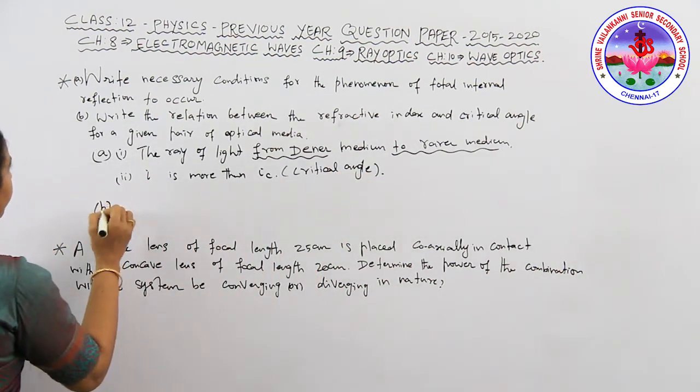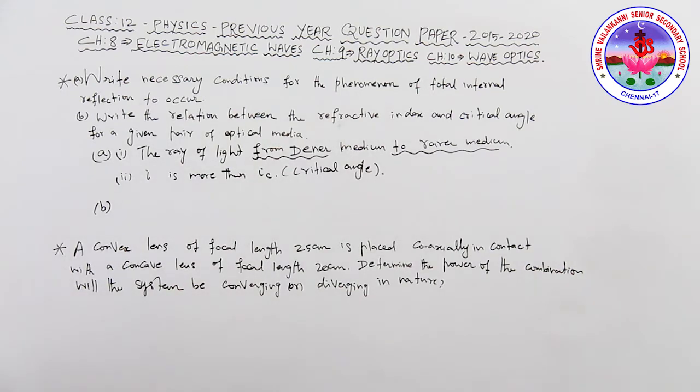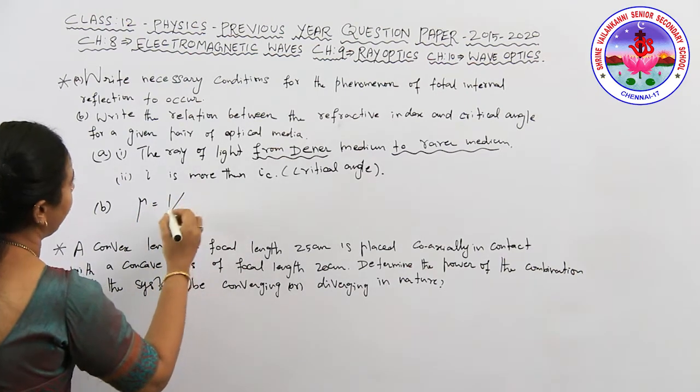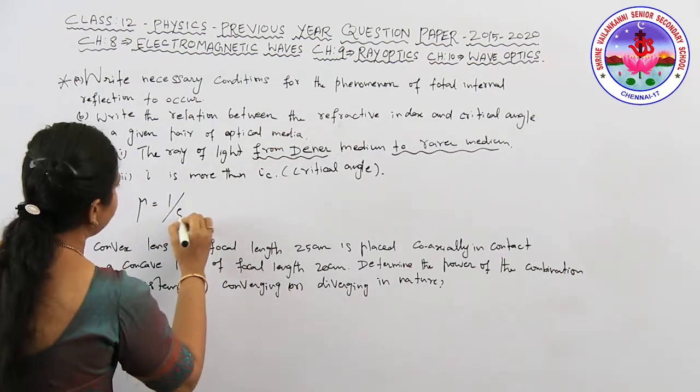Right. The B part of the question: write the relation between the refractive index and the critical angle for the given pair of optical media. For that we can say that the refractive index mu is equal to 1 by sin i_c.